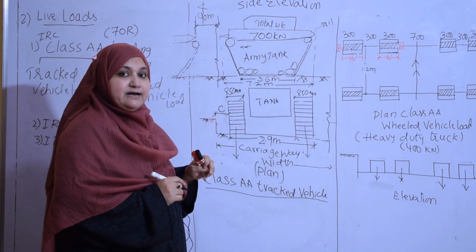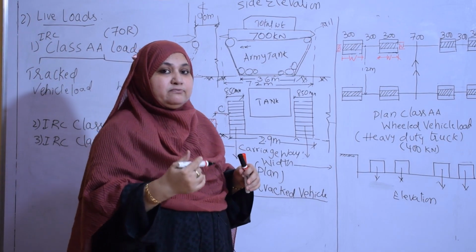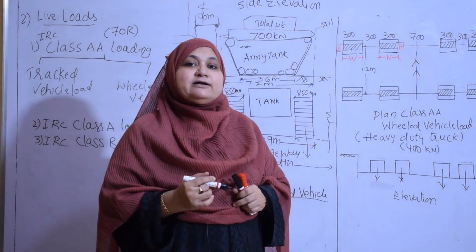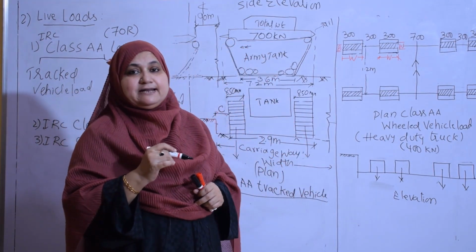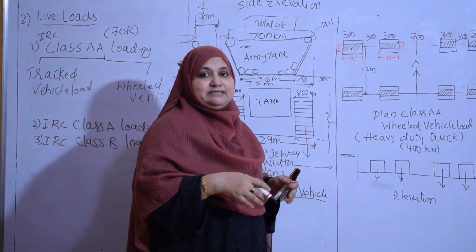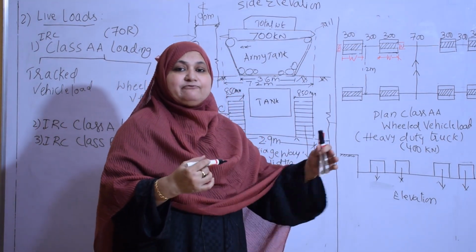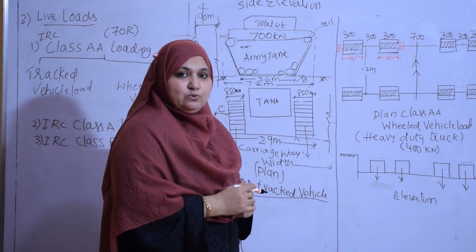It will not run on wheels. If you have seen it, wheels will be there, a series of wheels, and 2 tracks. On that track the wheel will be rotating and the track will be moving. So this load is called tracked vehicle load.